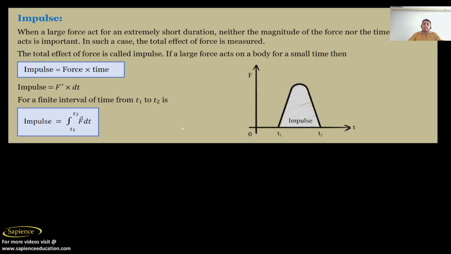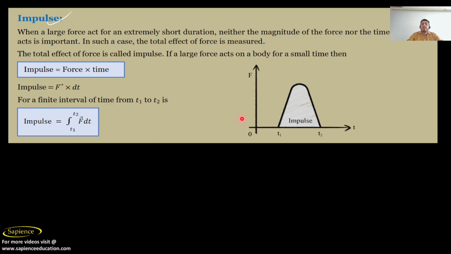Now the very important topic is impulse. I hope you all have learned or heard about impulse. What does impulse mean? When a large force acts for an extremely short duration, neither the magnitude of the force nor the time for which it acts is important. In such a case, the total effect of the force is measured.